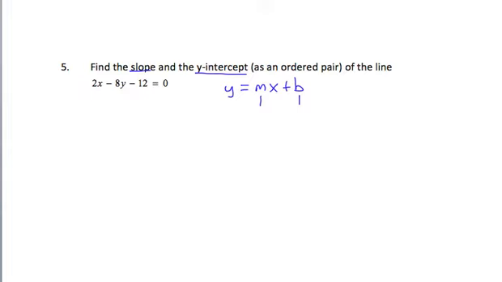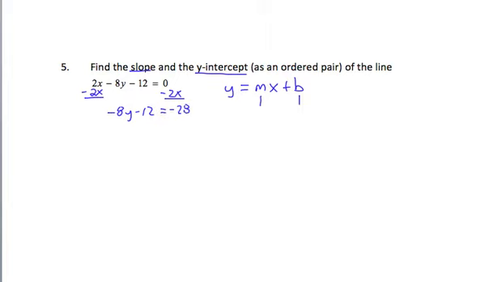So let's see, I'm trying to solve for y or get y all by itself. So the first thing I would do is undo any addition or subtraction. So I have to do a couple things here. I need to get rid of this 2x. So to get rid of that 2x, I would subtract it. So I'll subtract 2x from each side. Then I would have this negative 8y minus 12 equals negative 2x.